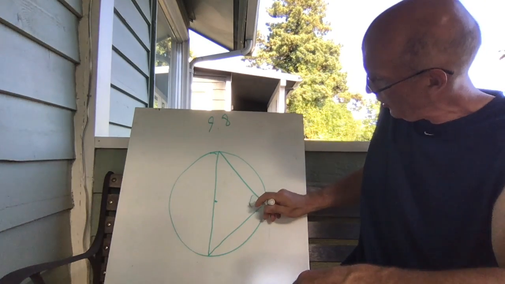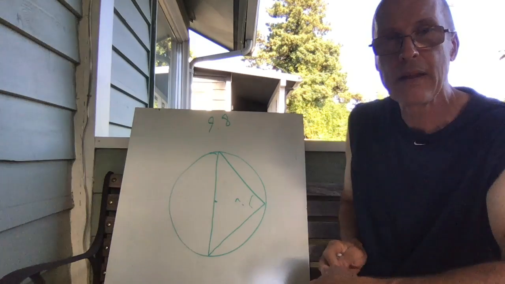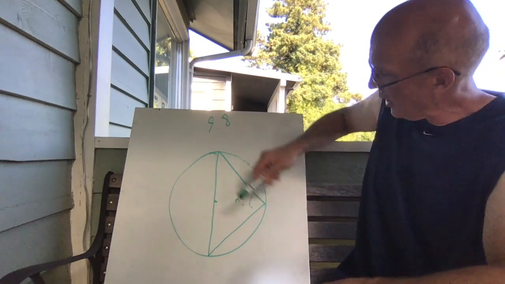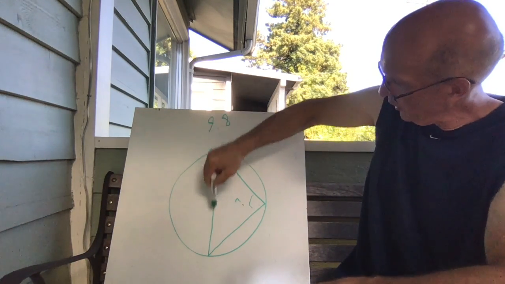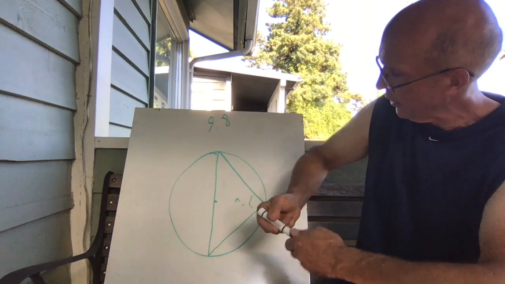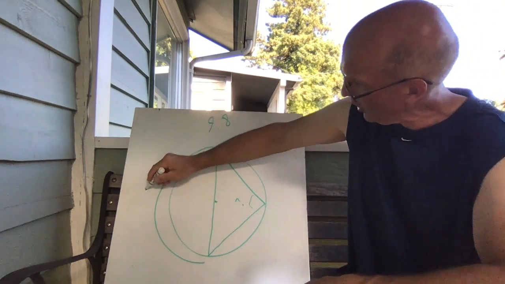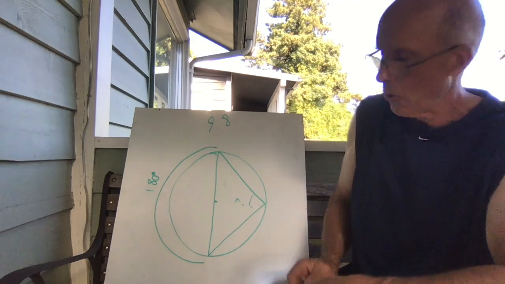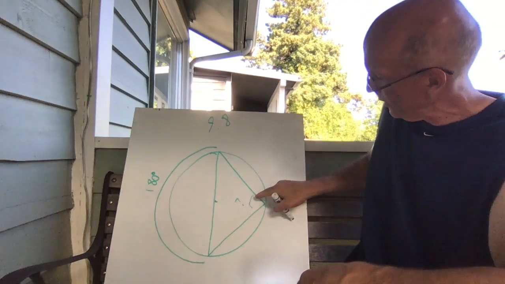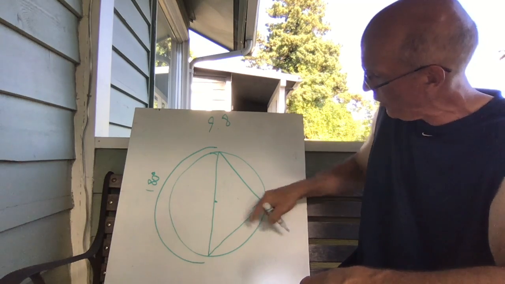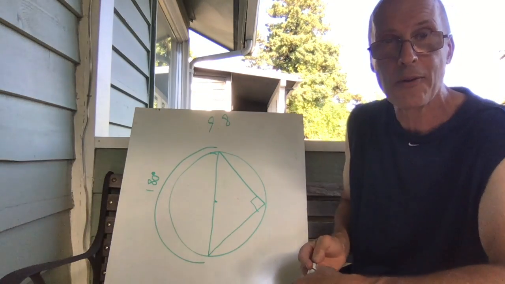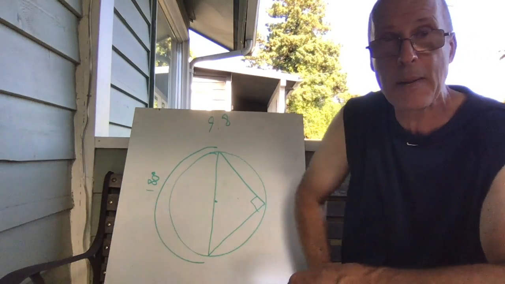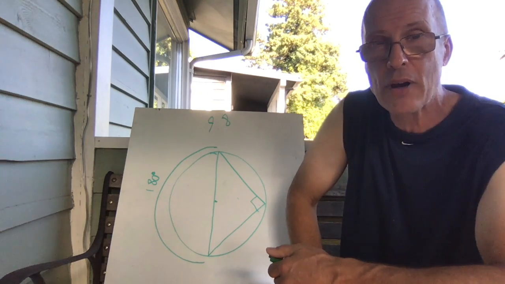Well, what do you know about this angle right here? With just a moment's thought, I think you can see that this arc is going to be half the circle, right? So this distance is going to be 180 degrees. Well, if you know this angle is half of that, then you know this is going to be a right angle. No matter where I put this triangle, if it matches up perfectly with the diameter of that circle, then it's going to be a right triangle.